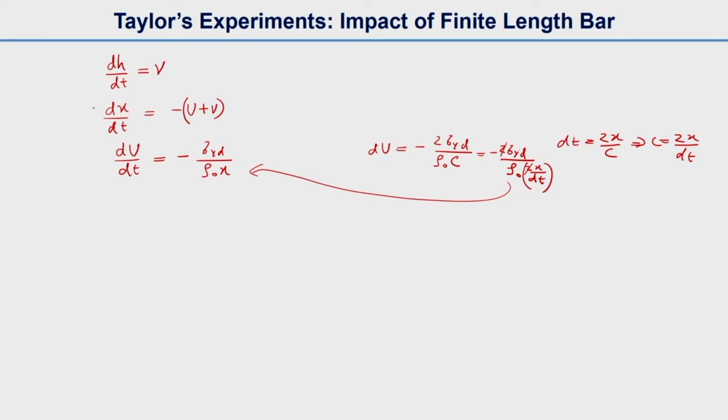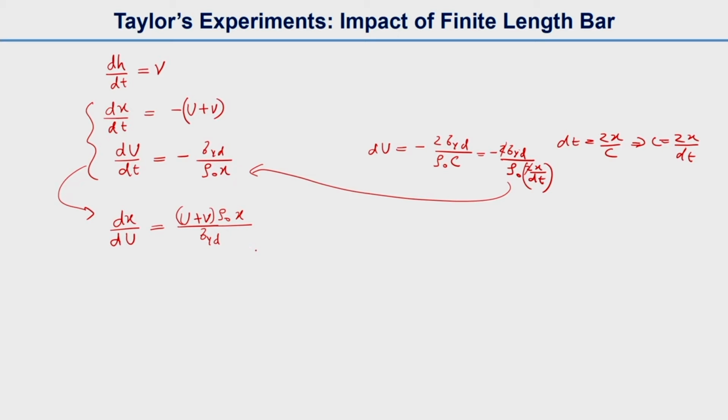So from these two relations, what we can get is dx/dU equal to (u plus small v) rho naught x divided by sigma yd.